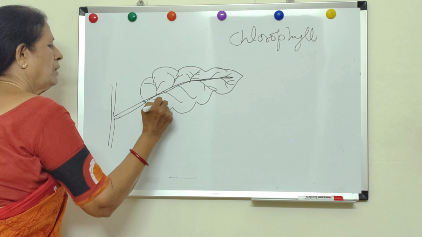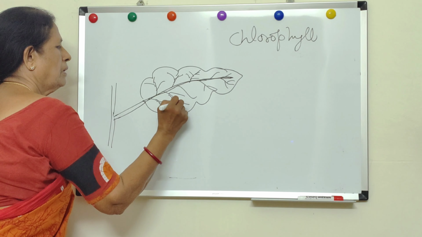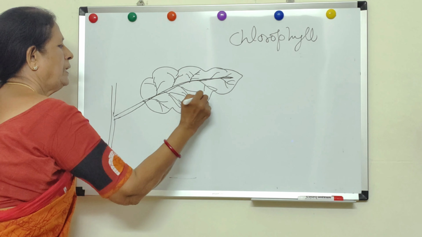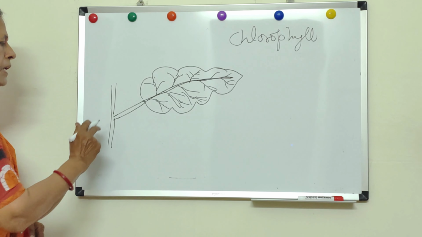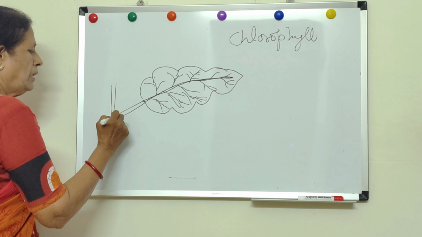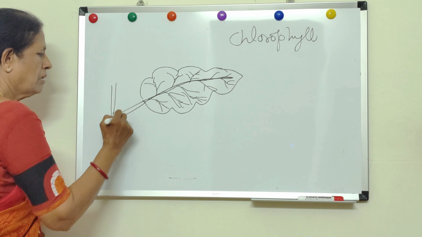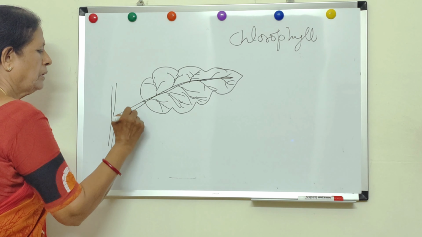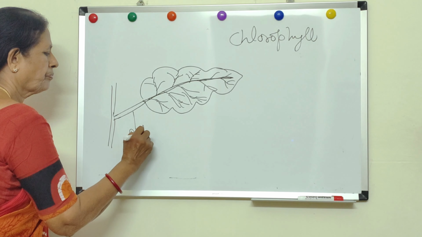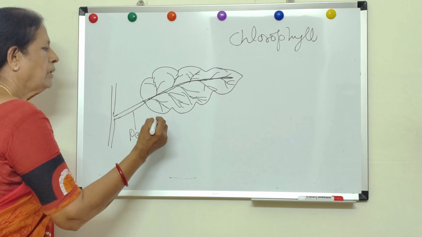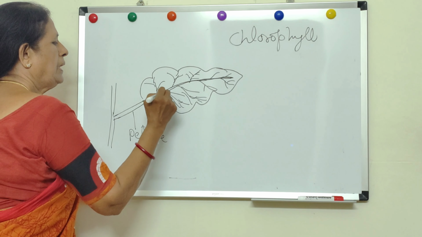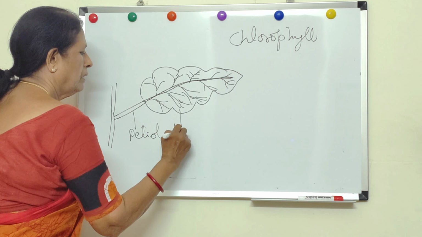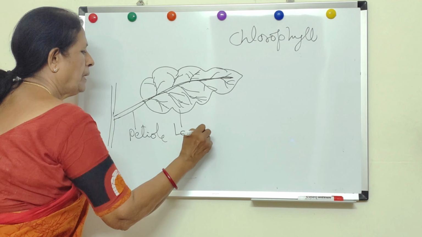So what are these lines? The stalk of the leaf is called the petiole, and the expanded part of the leaf is called the lamina.